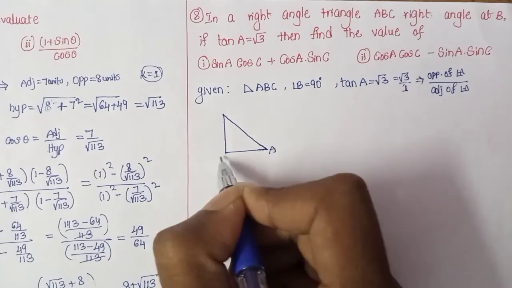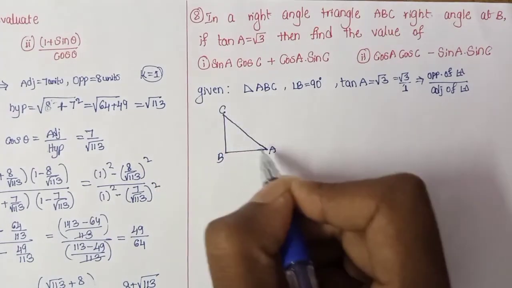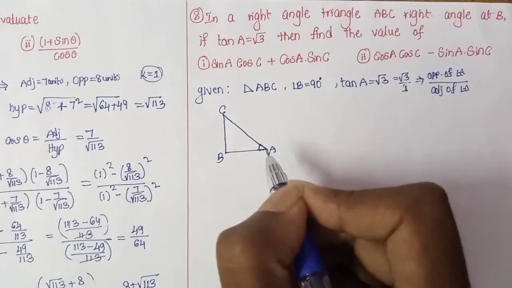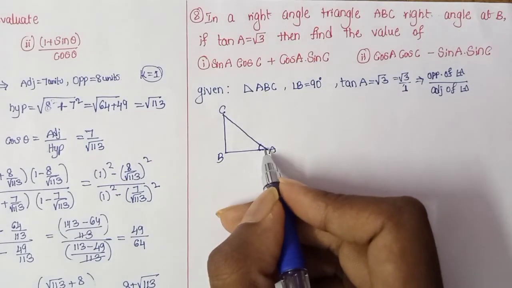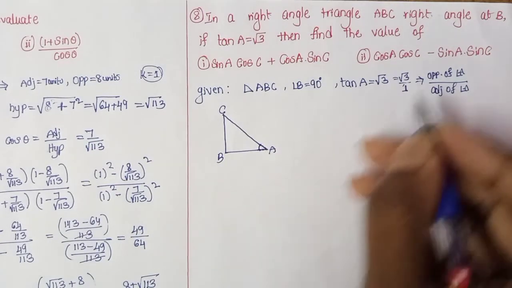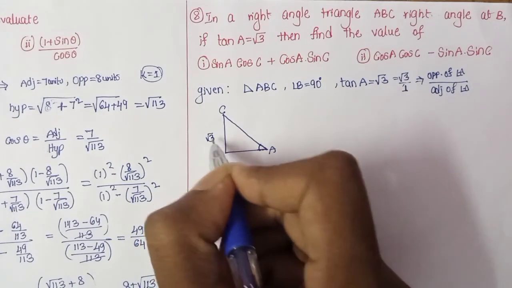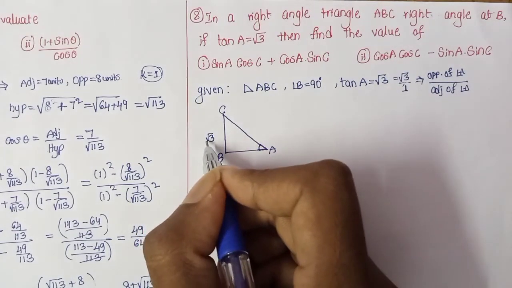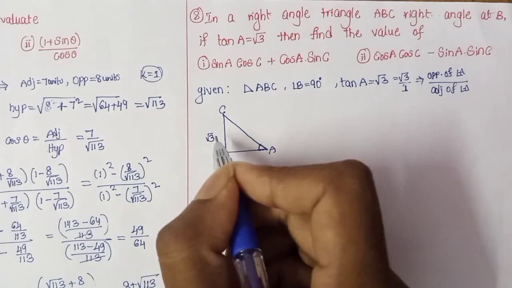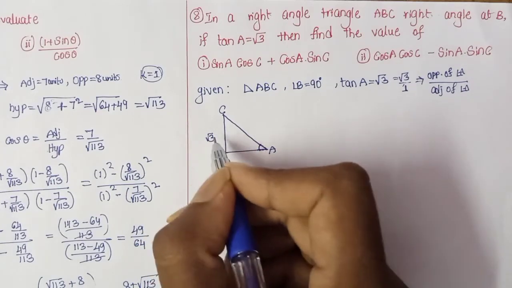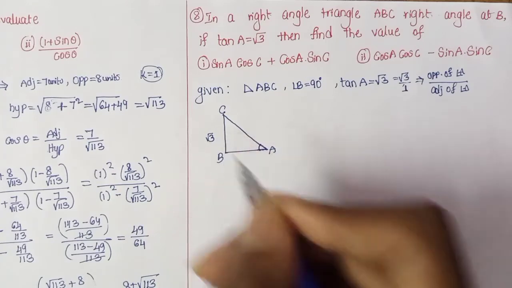Let us say this is A, this is B, and this is C. So this is the angle A. For angle A, the opposite side is root 3. Not exactly root 3, it may be root 3 or 2 root 3 or 3 root 3. Let's say root 3k.